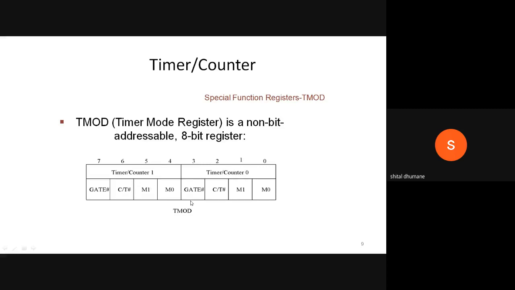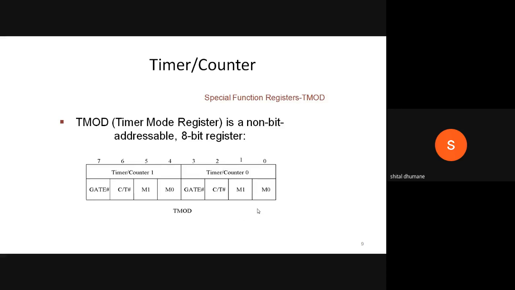We'll see the significance of all the bits, that is, what we mean by M0, M1, C/T bar and GATE. By its name, TMOD, the timer mode register, defines the modes of operation of your timer.